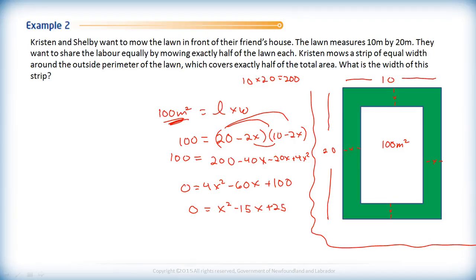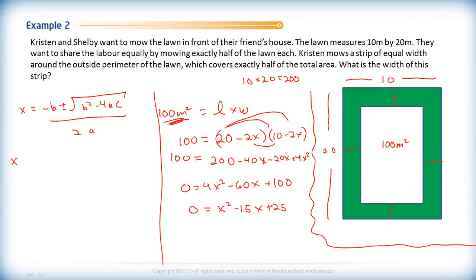Nope. So we're going to have to use the quadratic formula again. Okay, so x will be equal to negative b plus or minus the square root of b squared minus 4ac, all divided by 2a. Let's fill that in and see what we can come up with.